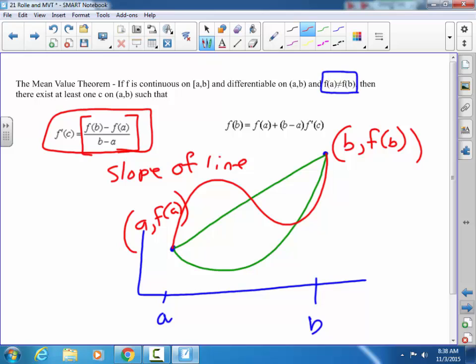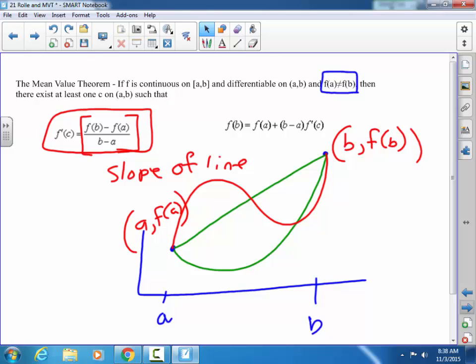Now, if we go back to the original problem, we can't guarantee that that truck didn't stop somewhere in those 5 minutes, can we? 4 minutes, whatever it was. So he could have stopped in there. But if he stopped, what would that do to his speed? What would that mean about his average speed and his instantaneous speed?